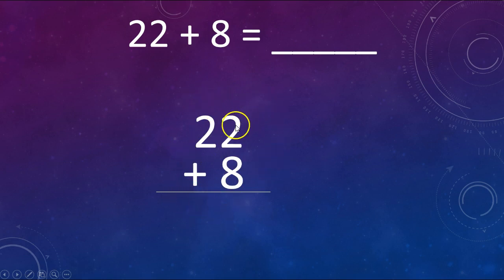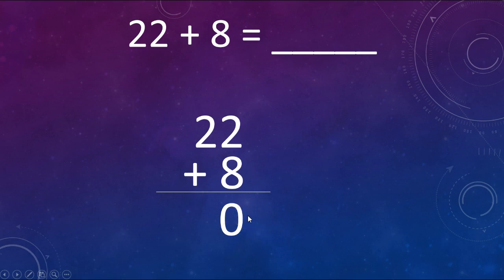So what is 2 plus 8? 10. Good. So we have to think. In the number 10, how many ones are there? There are 0. So, like we said, we line up all the ones, and there's the 0.